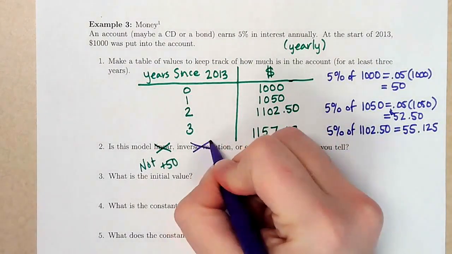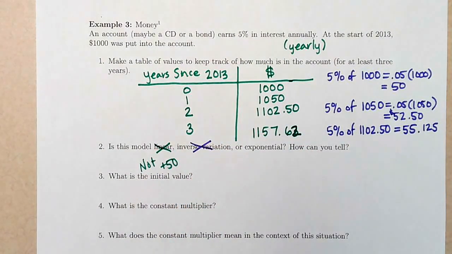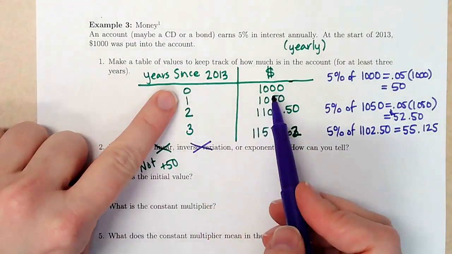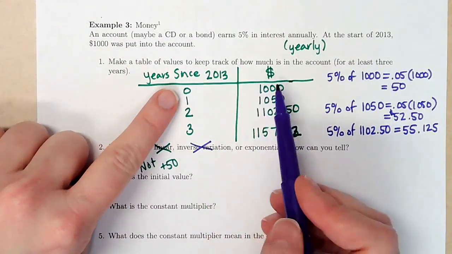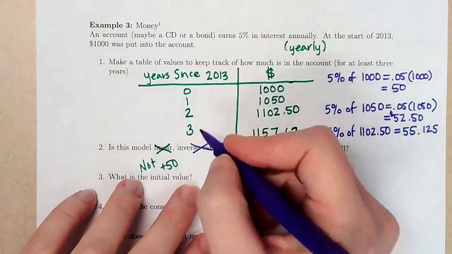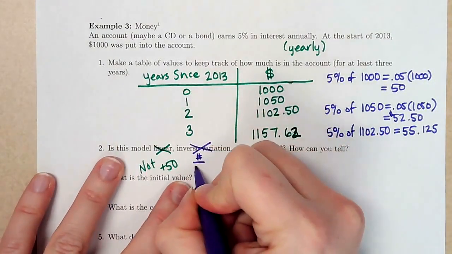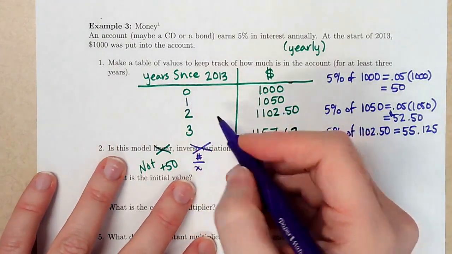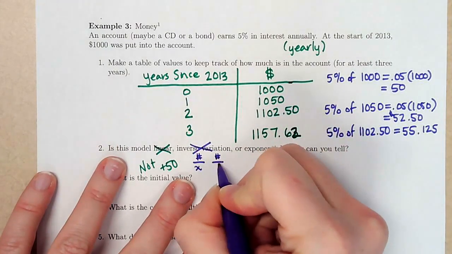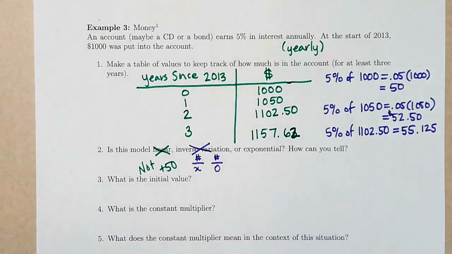No. Inverse variation has some number divided by x, but we have a 0 there, so no can do. So that's out. And as one increases, the other one is increasing, so it doesn't even have the big, small, small, big pattern.